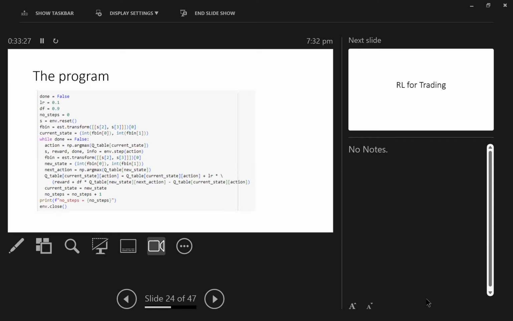Okay, so it's pretty straightforward, but you need to be a little bit careful to see how actually the value will change.